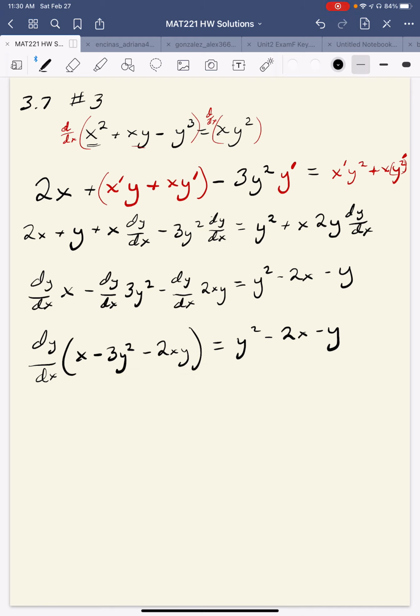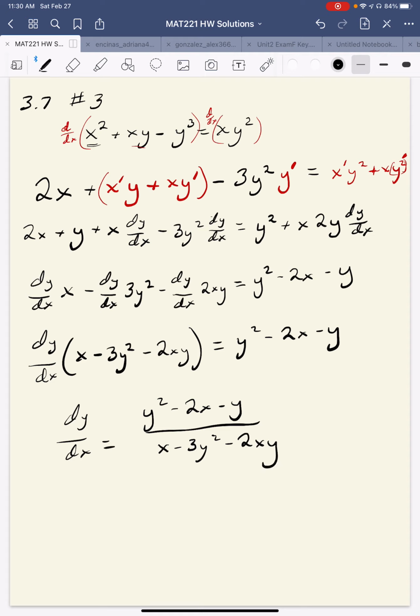And so that leaves me with dy dx is equal to y squared minus 2x minus y all over x minus 3y squared minus 2xy. And now I'm done. Now I have the derivative of y with respect to x is equal to this expression over here on the right.